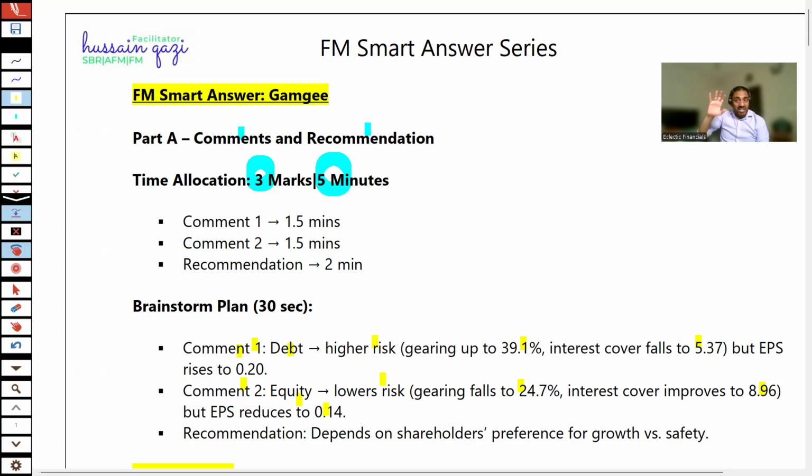If the examiner mentions a recommendation, your answer will be incomplete if you don't conclude with the final words on what they should do. Obviously, the decision depends on shareholder attitude, but more specifically, the better option is debts. The final decision is based on the attitude and preference of the shareholder. Do they require growth or safety?